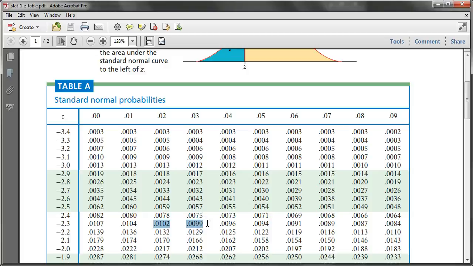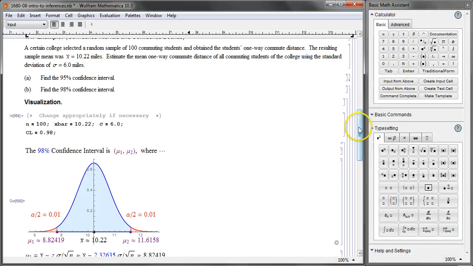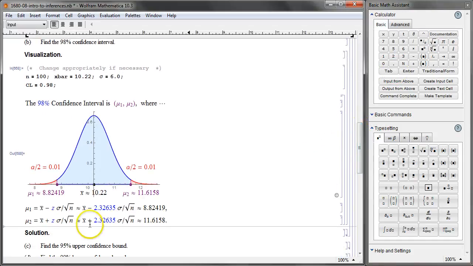Negative 2.32, we get 0.0102. Negative 2.33, we get 0.0099. And let's see which is closer. Looks like this is closer, so you can use this: negative 2.33.